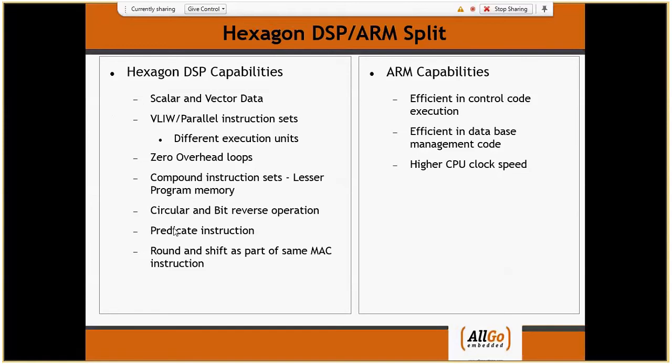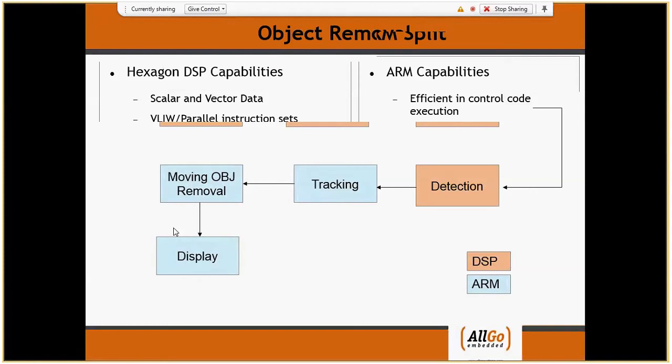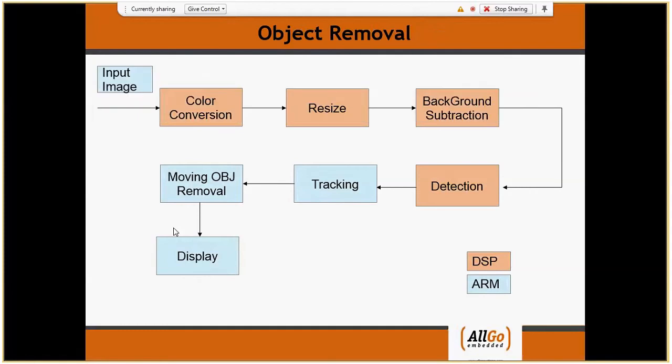So if you correlate the previous slide and this slide, we can come up with a design for how we can split the algorithm, which part to run on Hexagon DSP and which one to run on ARM. Finally, we have come up with this architecture, where the brown boxes correspond to the code running on the Hexagon DSP, and the blue boxes run on ARM.